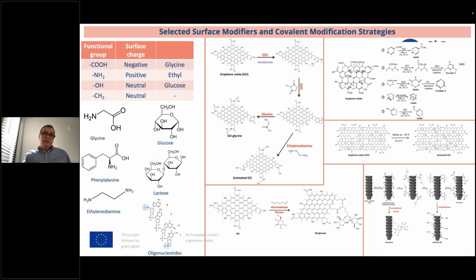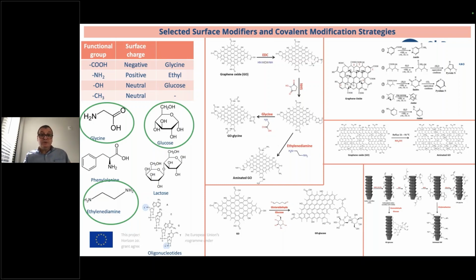From our experience and from the literature studies, I came to the conclusion that small biological molecules, non-toxic ones such as glycine and glucose, these monosaccharides and amino acids, are good candidates because they will not alter the function of nanomaterials either. Because you are just changing the surface without changing too much of the other properties of the materials. So then the next step was to modify them.